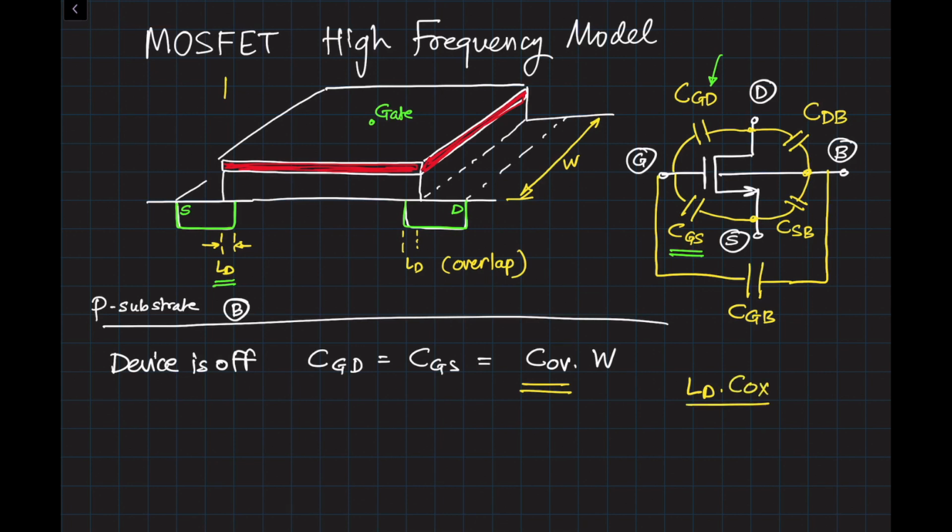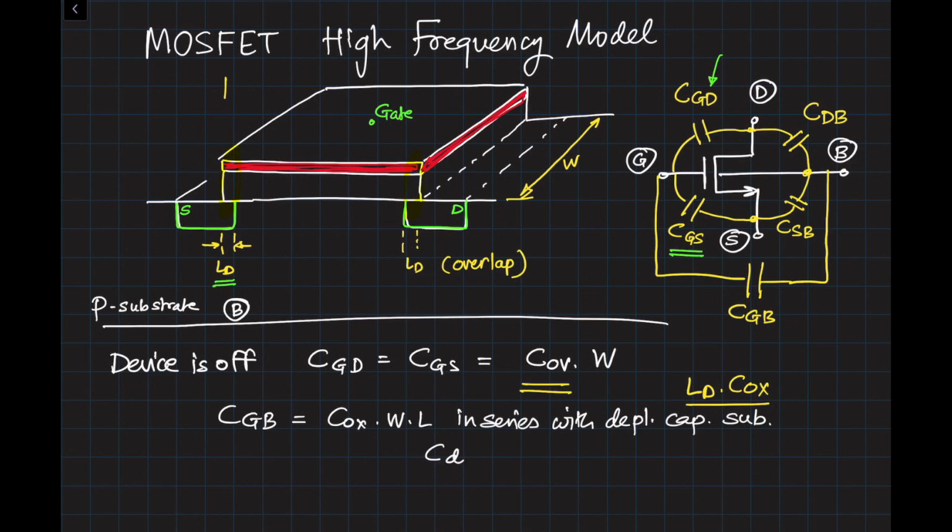So when the device is off, there is no channel under the gate. You will get the gate to source overlap capacitance times W. The overlap capacitance value is LD times C ox. In this case, the gate to bulk capacitance is going to be given by C ox, the oxide capacitance along with the area of the transistor, W times L, and that will be in series with the depletion capacitance of the substrate.